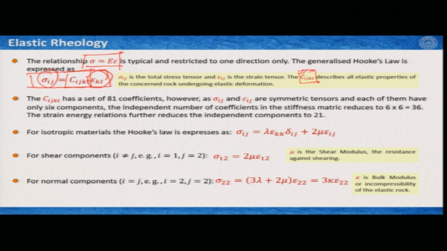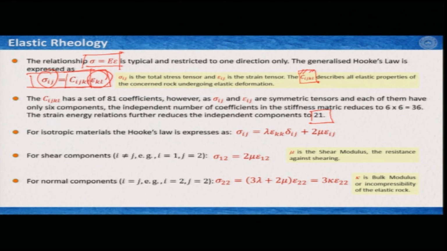But we know that sigma ij and epsilon ij are symmetric tensors, and each of them can only have 6 components. So, this 81 coefficients of Cijkl, or the stiffness matrix, reduces to 36. Now, you can further reduce it by using some strain energy relations, and then it comes to only 21 independent coefficients.